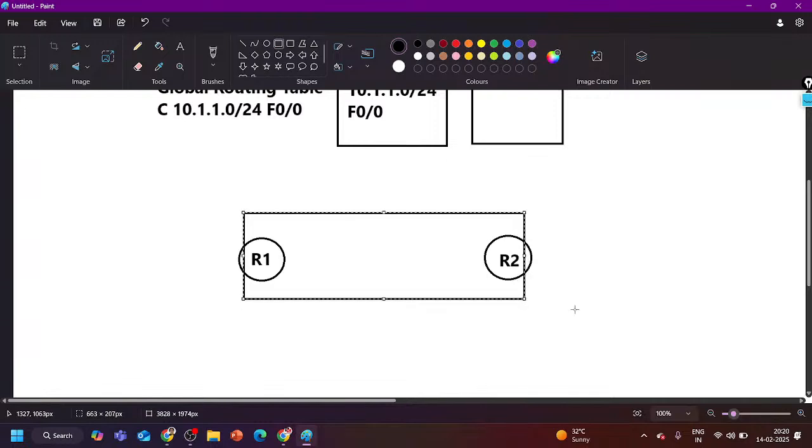Between R1 and R2 we have lots of P routers, we can have multiple paths.